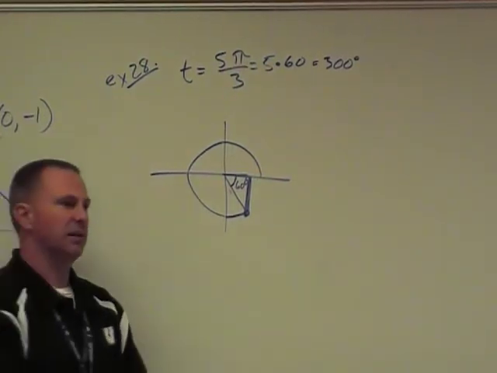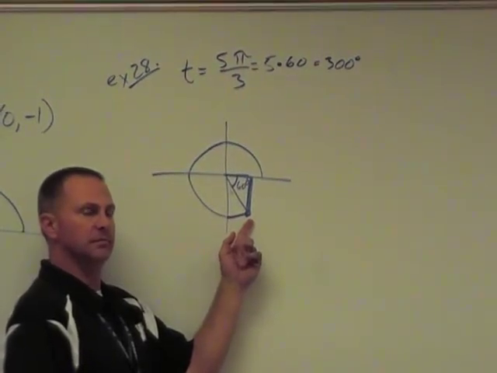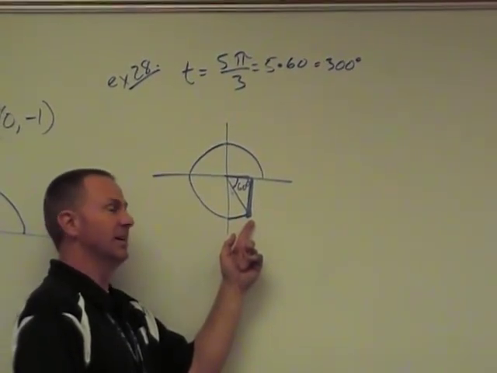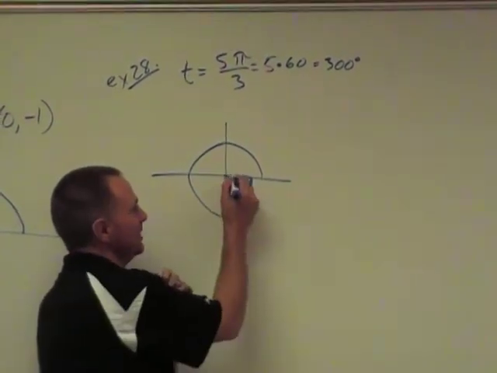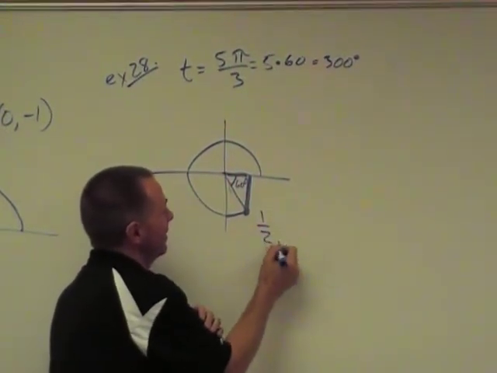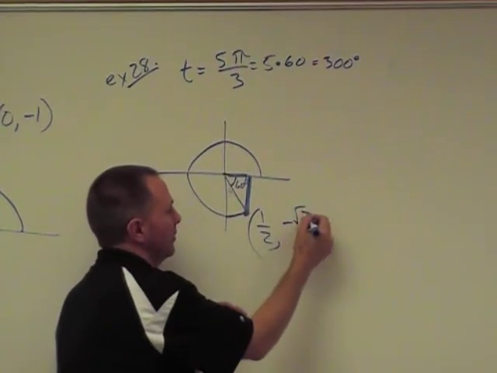It's hard to do this without that. So what is this coordinate? What's the short leg? 1/2. Yeah, and this is a negative y, negative radical 3 over 2.